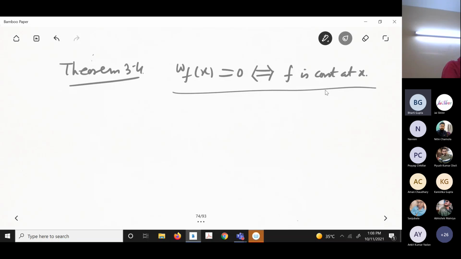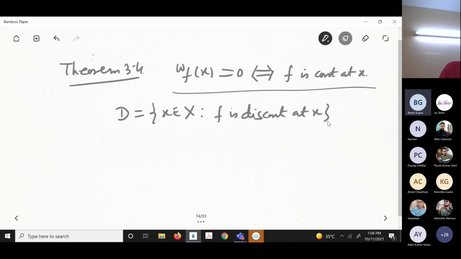Okay, so let me finish this result. Because of this result, D, the set of discontinuities, is the set of X such that F is discontinuous at X. By this, F is discontinuous at X if and only if omega F(X) is greater than 0.